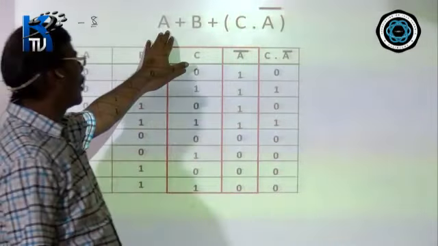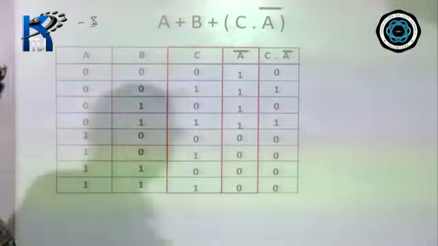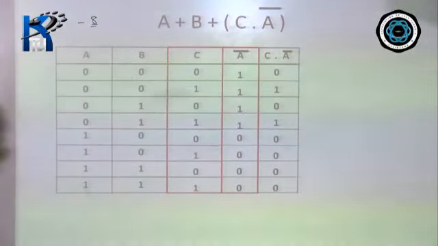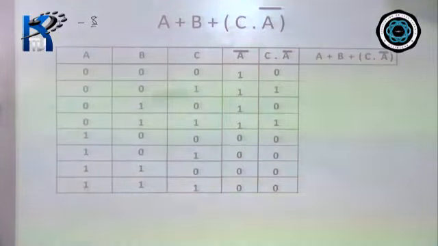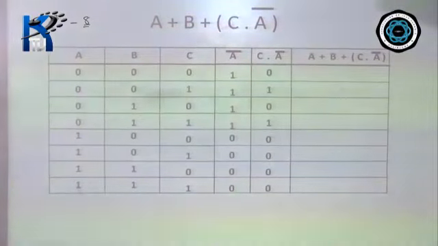Now we have got the OR gate between A, B and C dot A complement. We can solve it in one go because it is the same gate, the OR gate. So let's write it down. Fine. So A plus B plus C dot A complement.